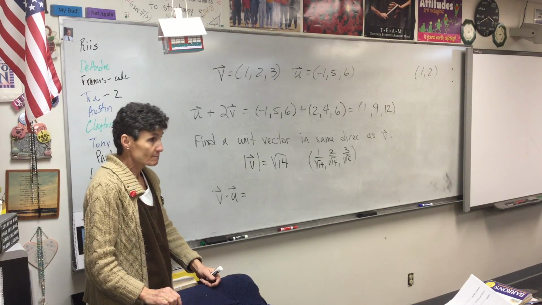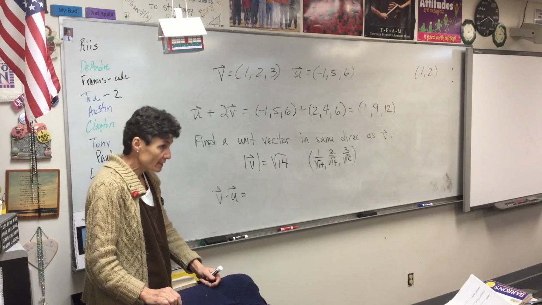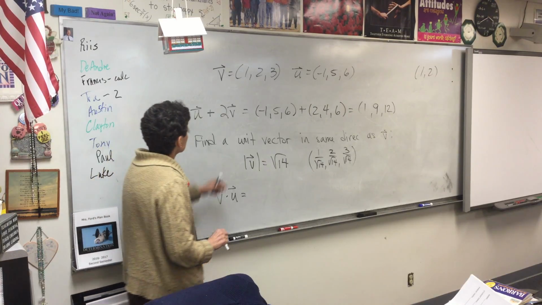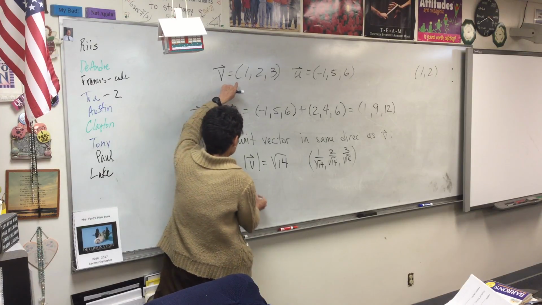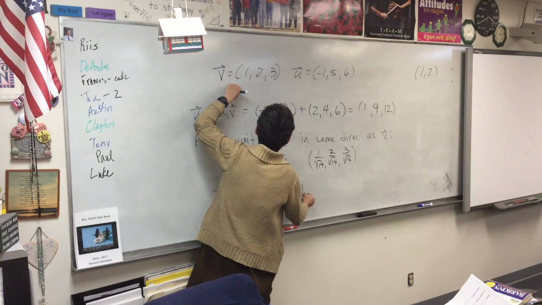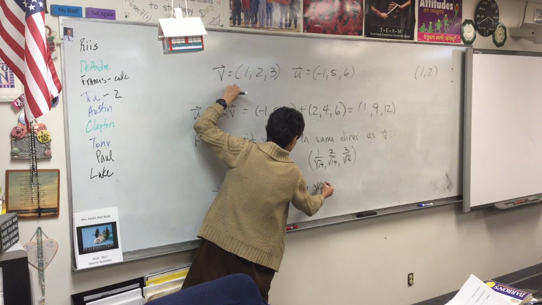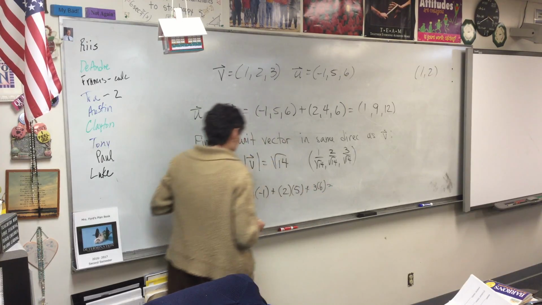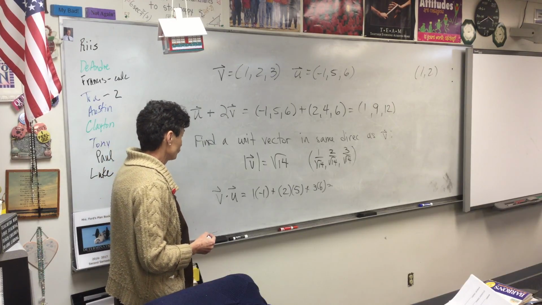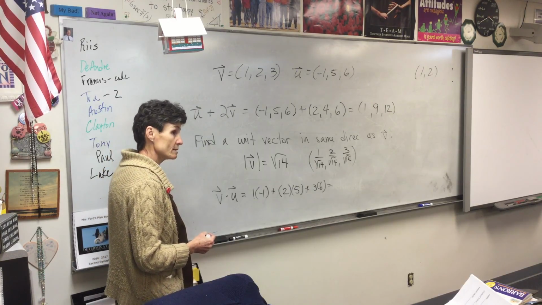I do x times x, y times y, and now z times z, and add them up. So the dot product of these 2 vectors is 1 times negative 1, 2 times 5, and 3 times 6. And add it up, that's going to make 27.